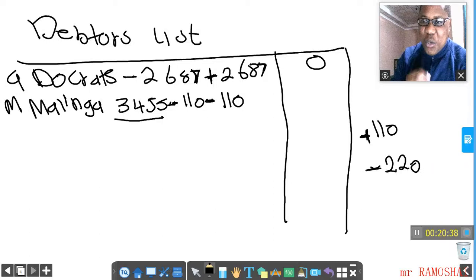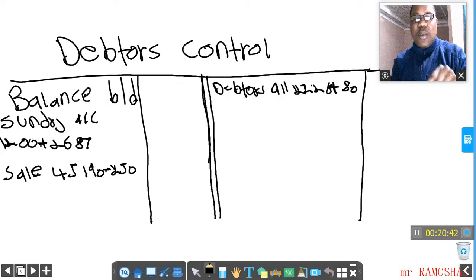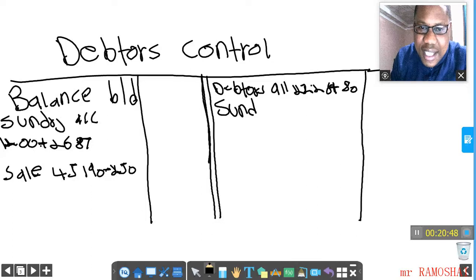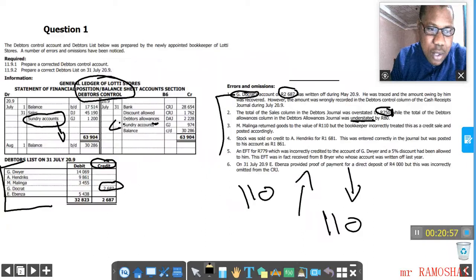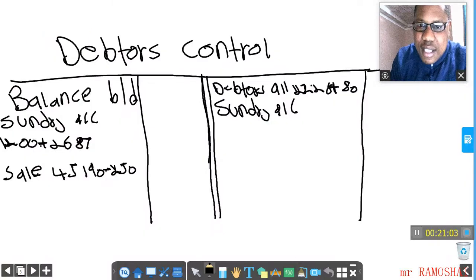Now we go to our debtors control. Now in our debtors control, we go to our sundry account on the credit side. Right? So our creditors, our sundry account, it was 974, right? 974.